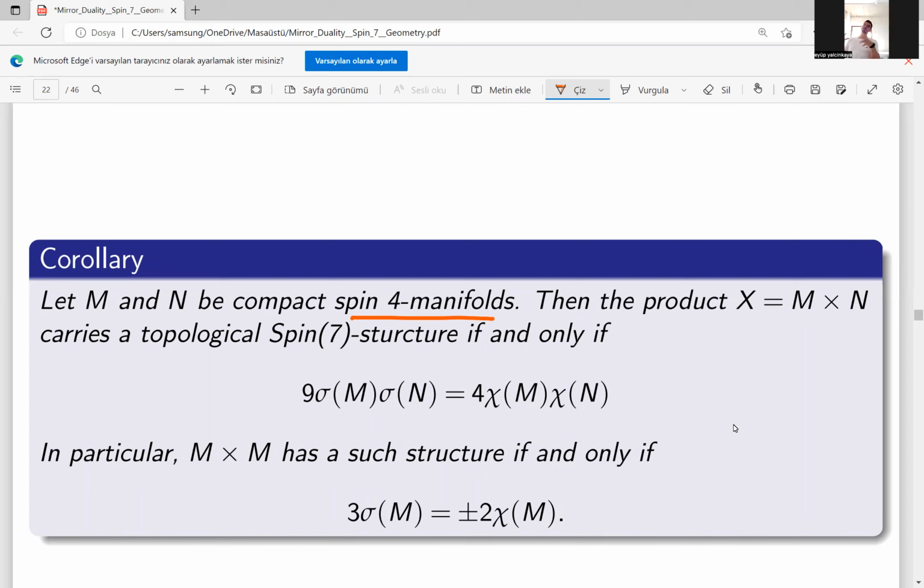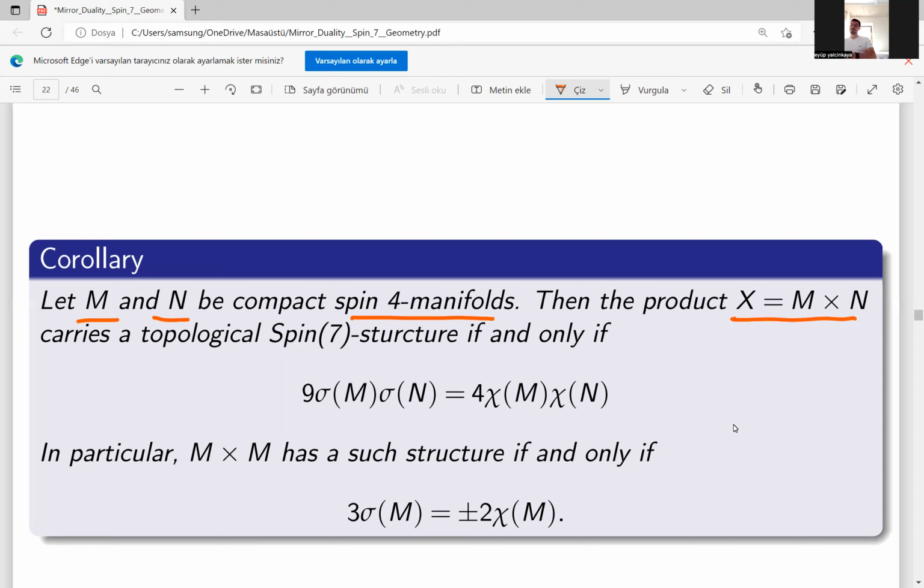We know the holonomy is equal to Spin(7), but inside of the holonomy, not a full holonomy, there are lots of subgroups of Spin(7). One of them: if you separate your space into two 4-dimensional pieces, you can find again the Spin(7) structure on X equal to M cross N.